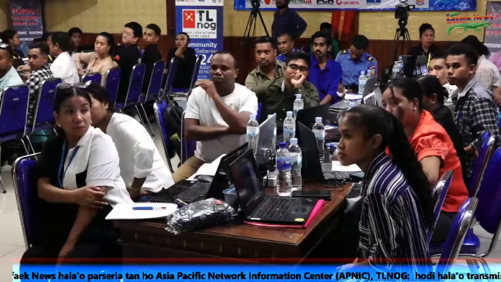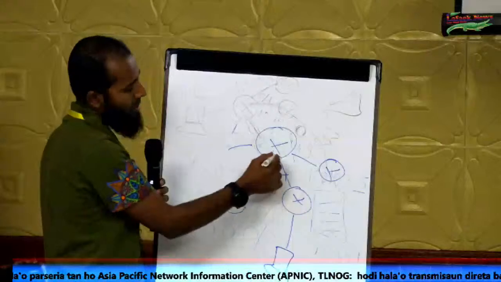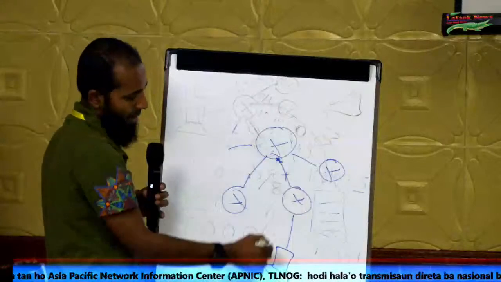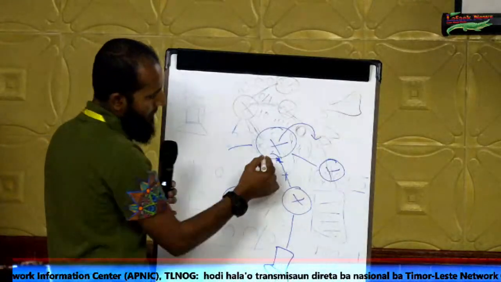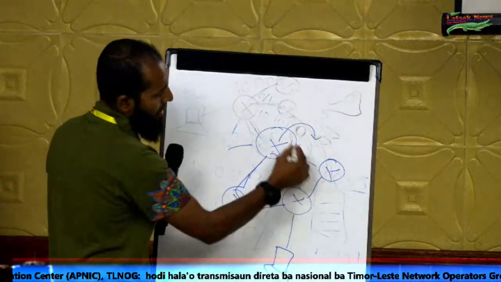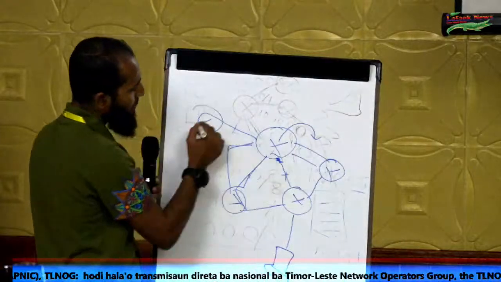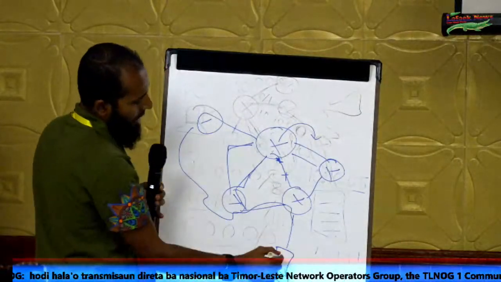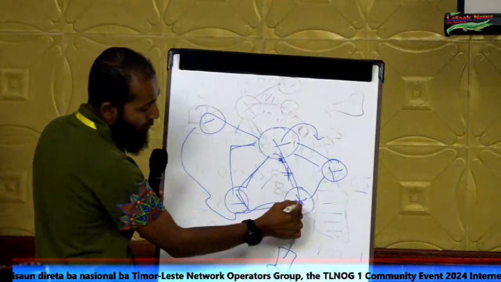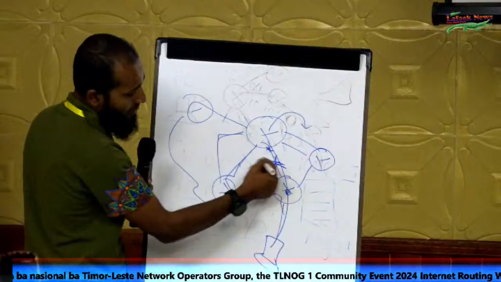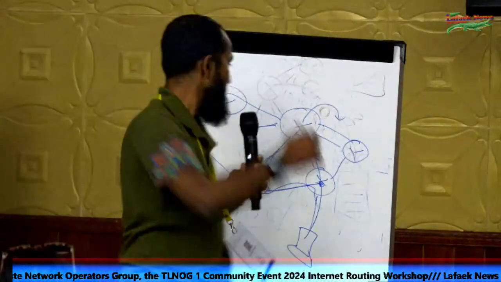If this link goes down, or there is a problem in this link, or somebody shuts down this interface, I lose connectivity. But if it is logical, and if there are multiple connections, like there are alternative paths, if I miss this interface, my router will not find it as the best path anymore. It will try to reroute me to a different path, because I'm not using this interface.